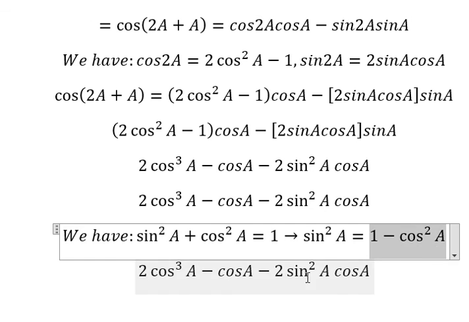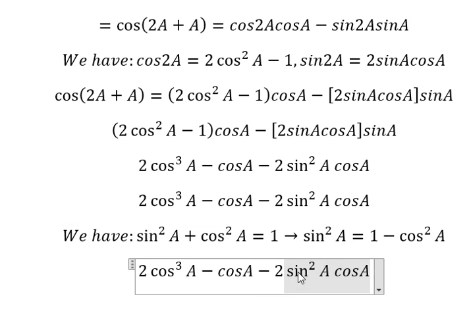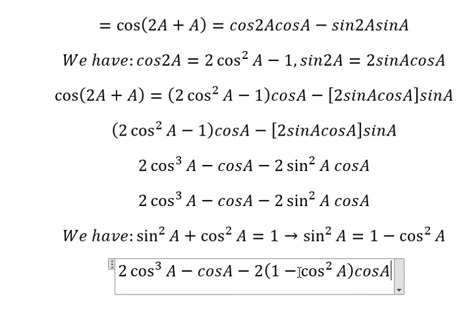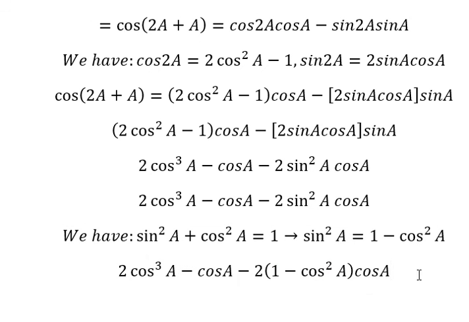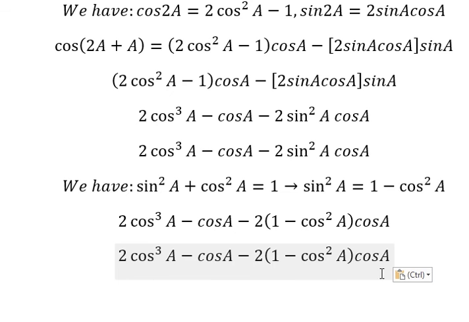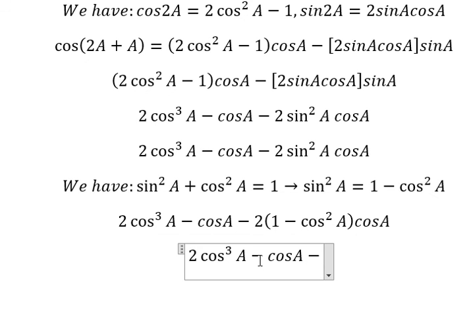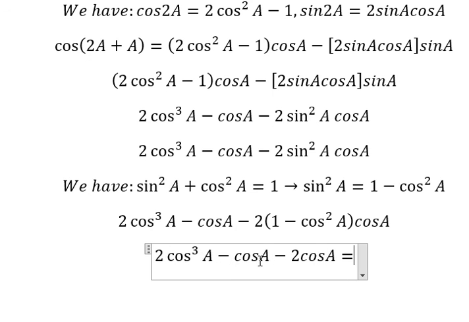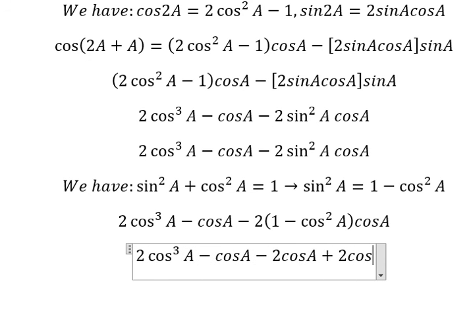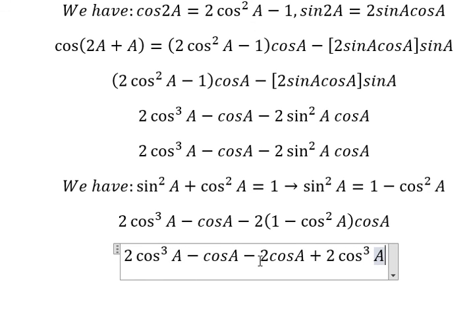I will put this one in here: negative 2 cos A multiplied by (1 − cos²A). That is −2 cos A plus 2 cos³A.